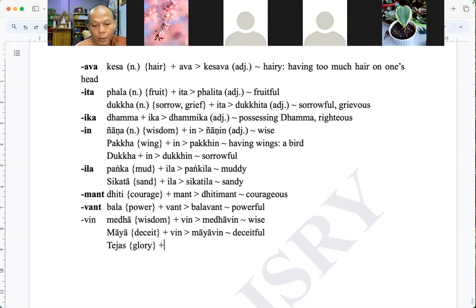And then va, but here the va becomes sa. So yasasa, glorious.